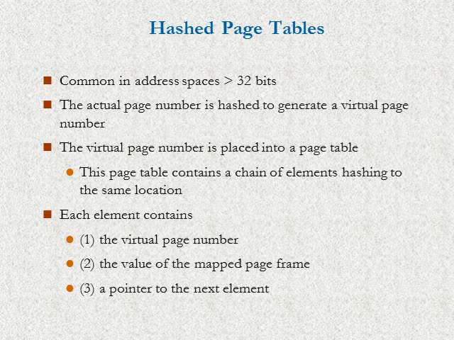In this method, we pass the actual page number to a hash function which generates a virtual page number, and then we store that virtual page number in the page table, and against that virtual page number we have the frame number. So now we have the actual page number, which is hashed to generate a virtual page number, and this virtual page number is stored in the page table to get translated into an actual frame number that is present in the main memory.